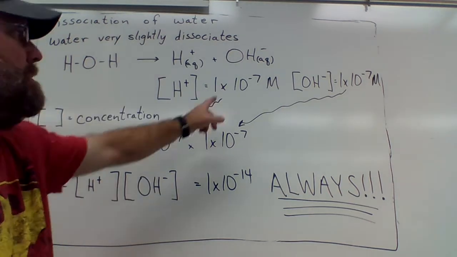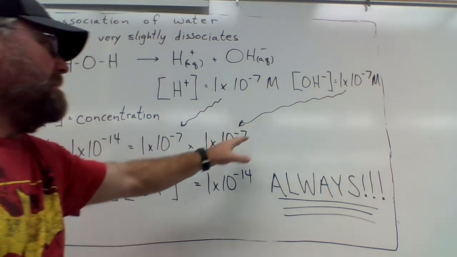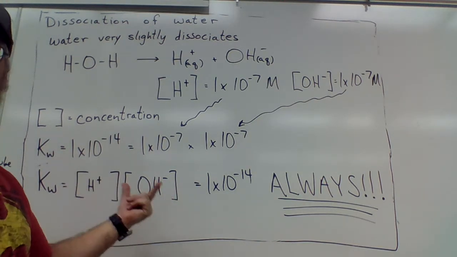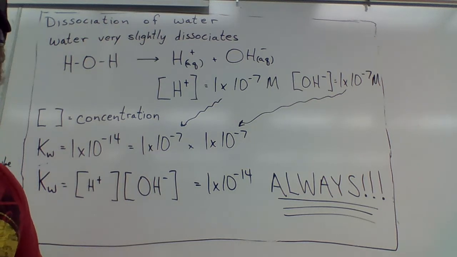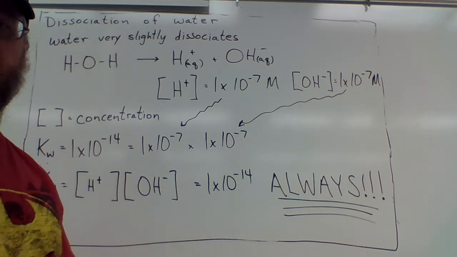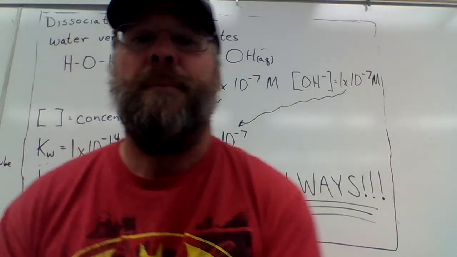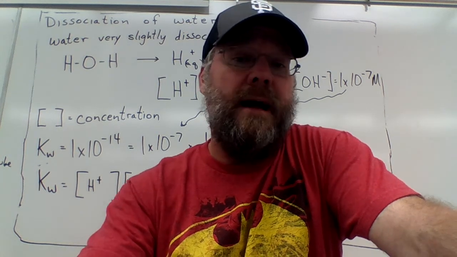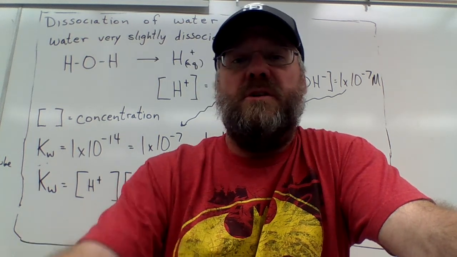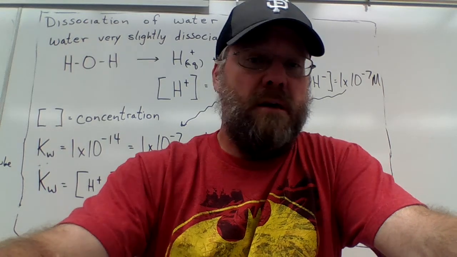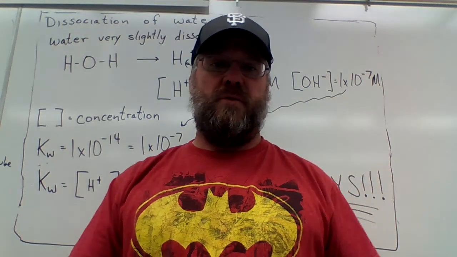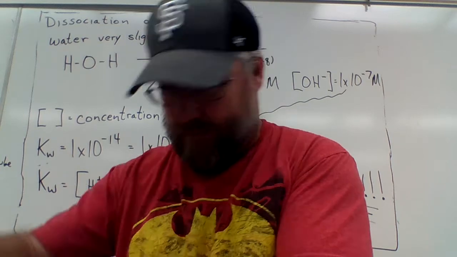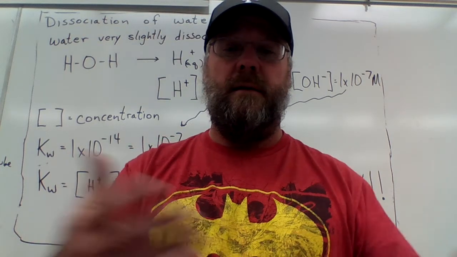Well, if we take 1 times 10 to the minus 7th and 1 times 10 to the minus 7th and multiply those together, the two concentrations are always going to multiply out to get 1 times 10 to the minus 14th. Now, this is very important for when we look at acid chemistry, because we can find the H plus ion concentration if we know pH, we know pOH, or we know OH minus concentration. We can find the other guys. If we're looking for the H plus, all I need is one of those other three. I can find what's going on with H plus.